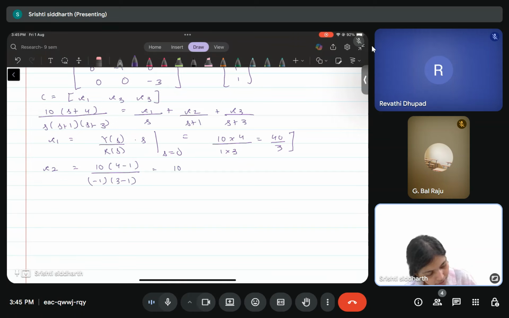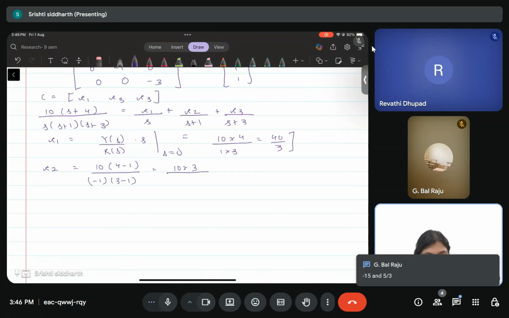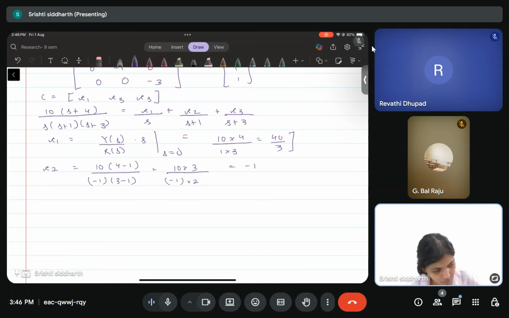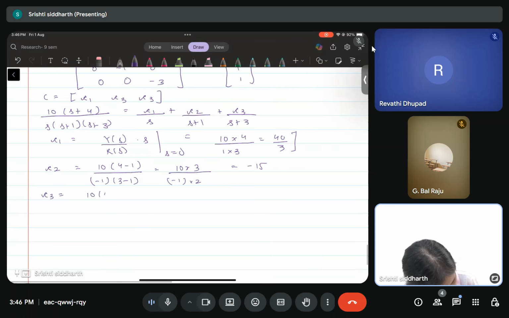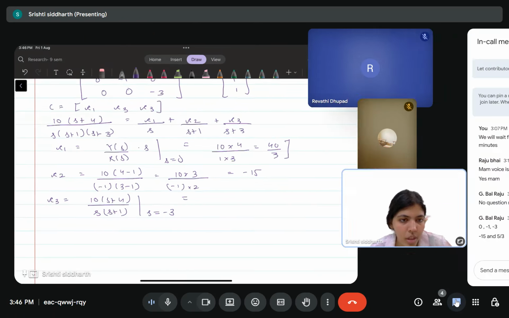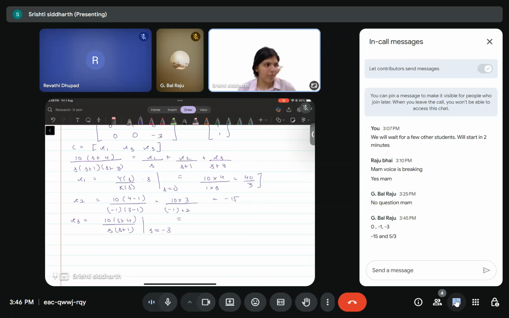And then here, minus 1, minus 3. This is minus 15. And you can also calculate C3 as 10(s+4)/(s+1) at s equals minus 3. So if we've already written the answer, it's 5 over 3.